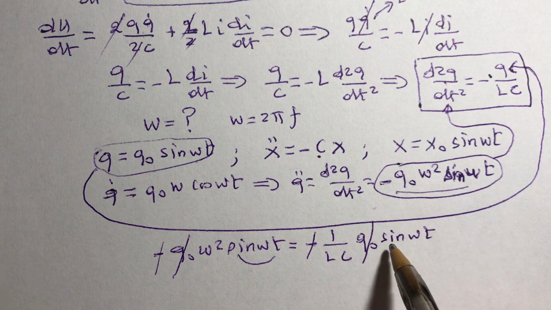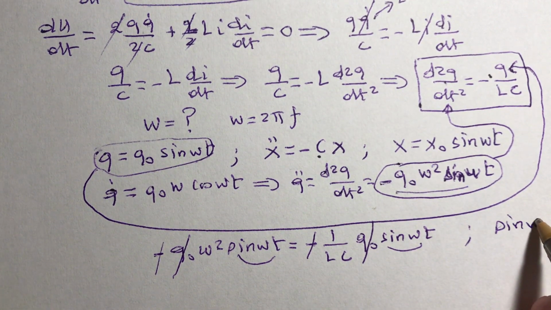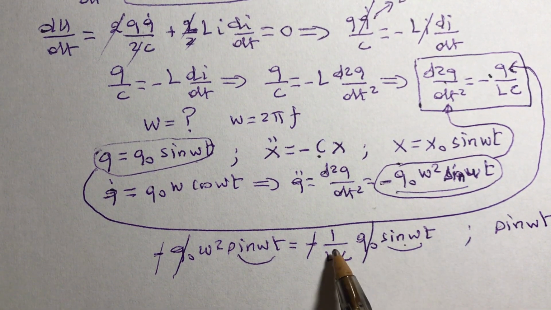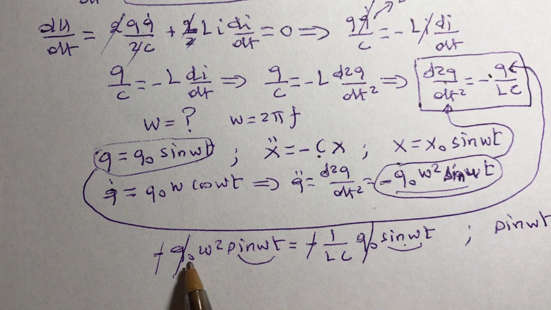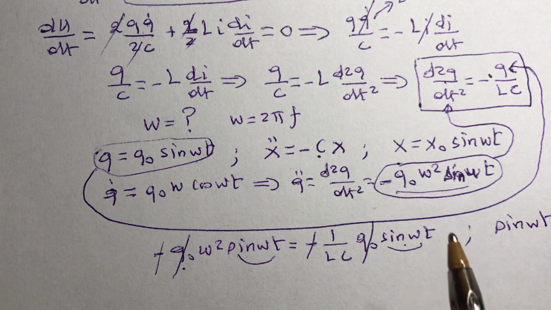And then this sine omega t can cancel. We can say sine omega t is different from 0. If sine omega t is equal to 0, you're going to have 0 times anything is equal to anything times 0. So you just choose the case sine omega t is different from 0, cancel it.